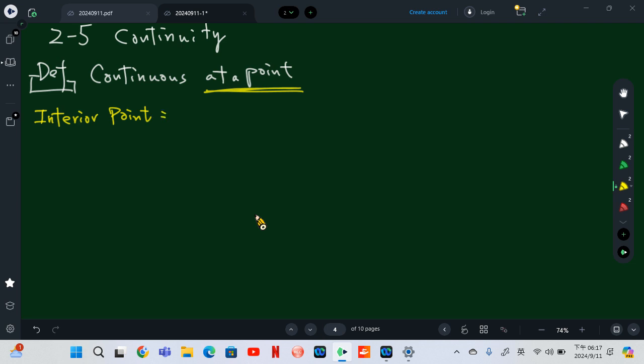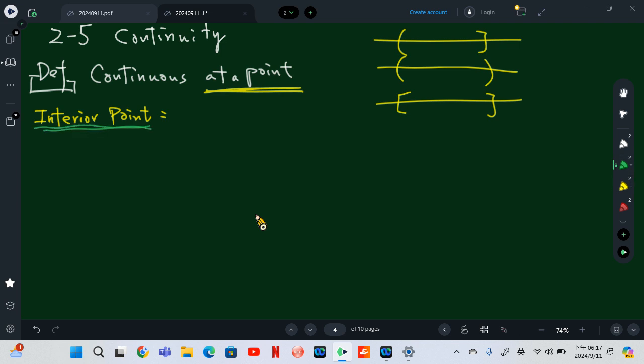What is the interior point? For example, this is an interval, or this interval, or this interval. The so-called interior point should be here, inside the interval.